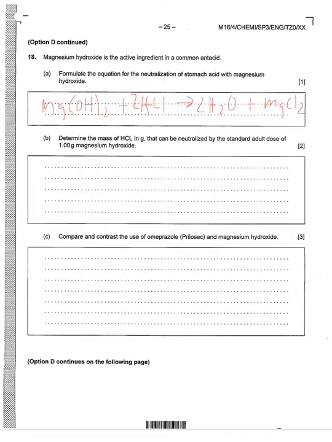And so determine the mass of HCl in grams that can be neutralized by the standard adult dose of 1 gram of magnesium hydroxide. So 1 gram of magnesium hydroxide, if I change that to moles, it's got a molar mass of 58.33. So we're talking 0.0171 moles of magnesium hydroxide.